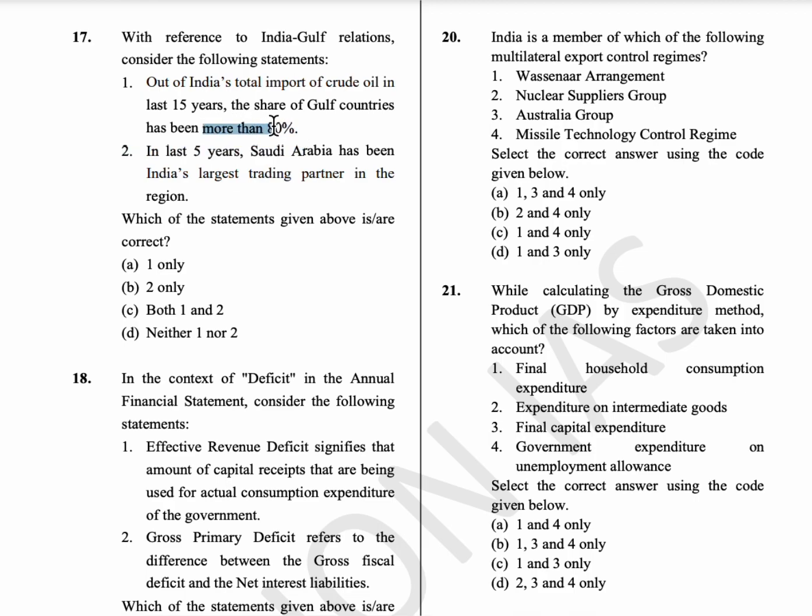The share of Gulf countries is only around 60%, not more than 80%. So first statement is wrong. Second statement is, in the last 5 years, Saudi Arabia has been India's largest trading partner in the region. It is not Saudi Arabia, it is United Arab Emirates. So both these statements are wrong. So option D, that is neither one nor two.